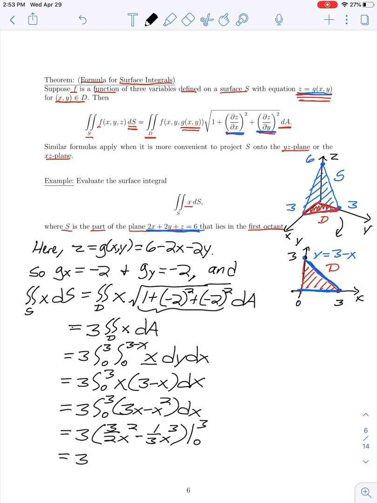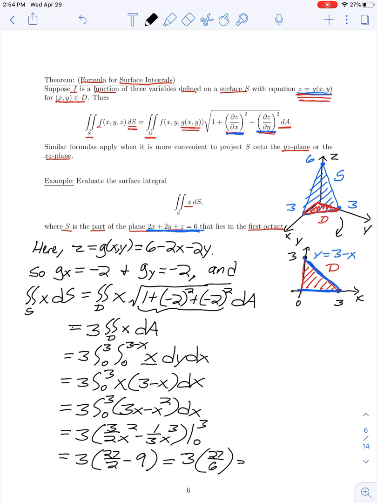So now we have 3 times, when we evaluate at x equals 3, we get 27 halves minus 27 thirds, or 9. So simplifying, we are left with, let's see, 3 times 27 halves minus 27 thirds gives us 27 over 6.